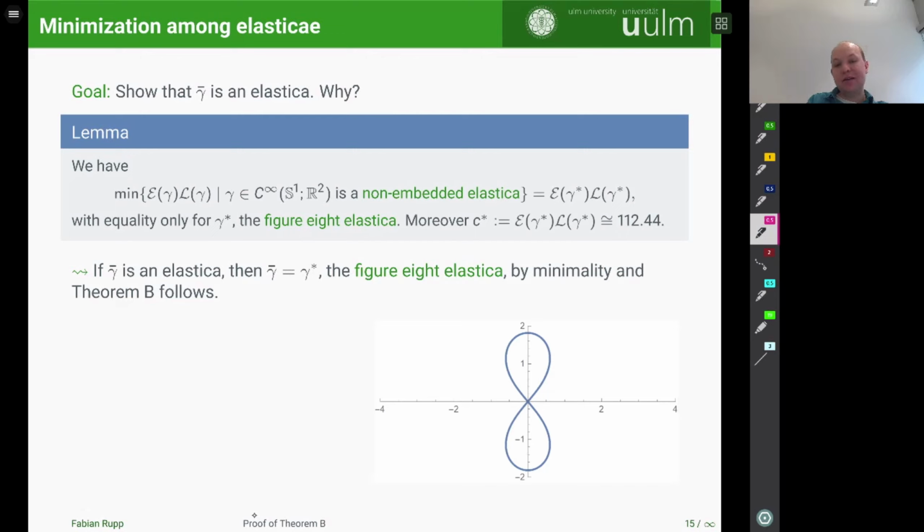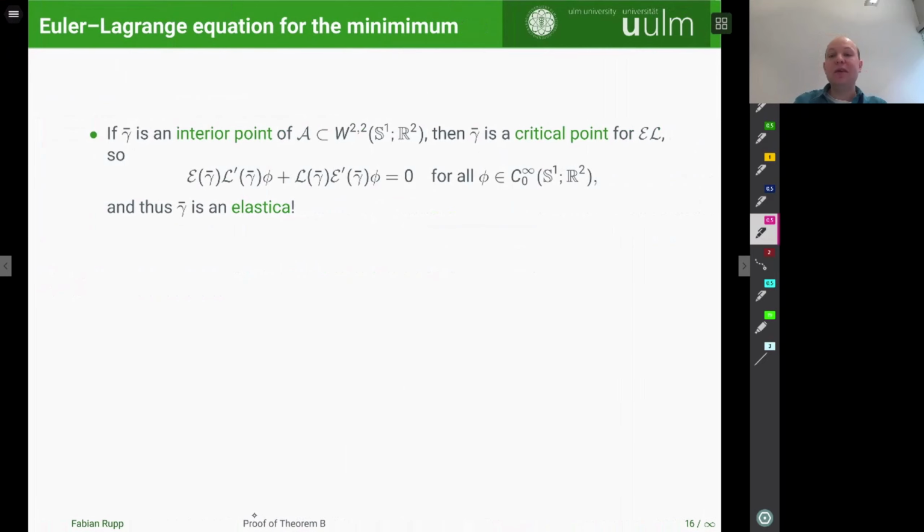Here is again a plot of the elastic figure 8 to remind you that this figure 8 shape is a closed curve which has a self-intersection here at the origin. Okay, so we want to show that gamma bar is an elastica. How can we do that? Well, this would be easy to see if gamma bar was an interior point of the admissible set, right?